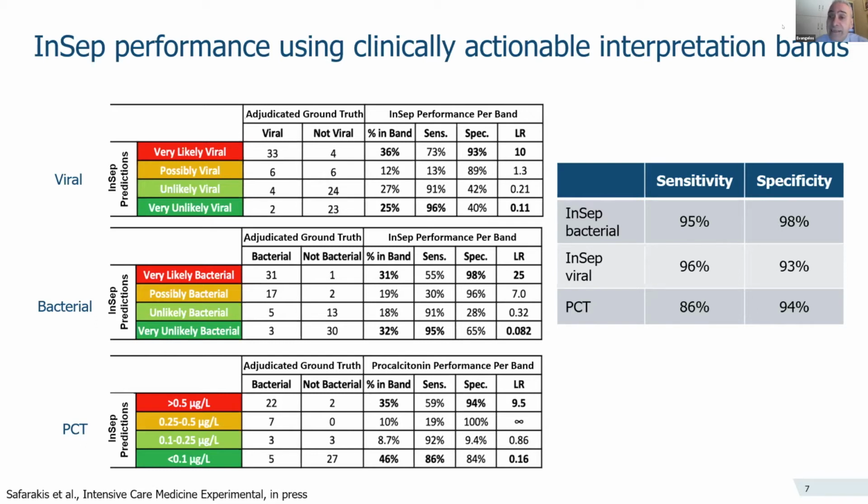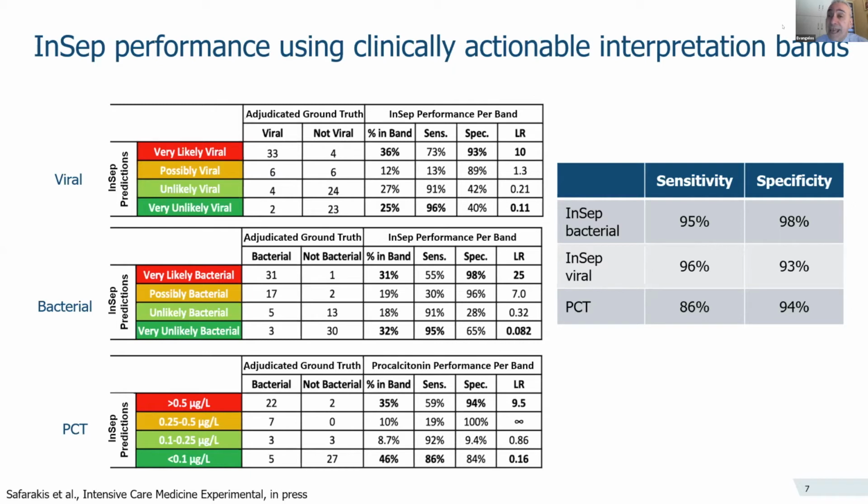The same applies in the second table for bacterial infection, whereas the performance is not that good for PCT. So the sensitivity for diagnosis of bacterial infection is 95%, of viral infection 96%, whereas procalcitonin gives a sensitivity of 86%.